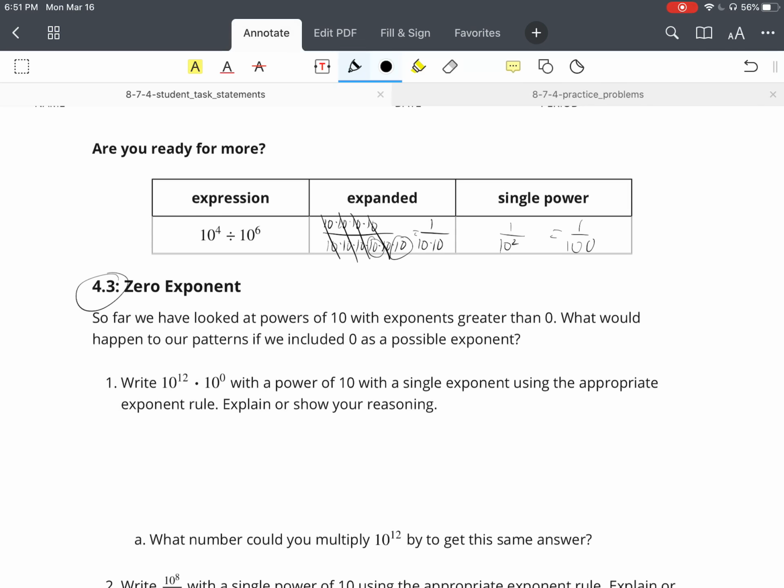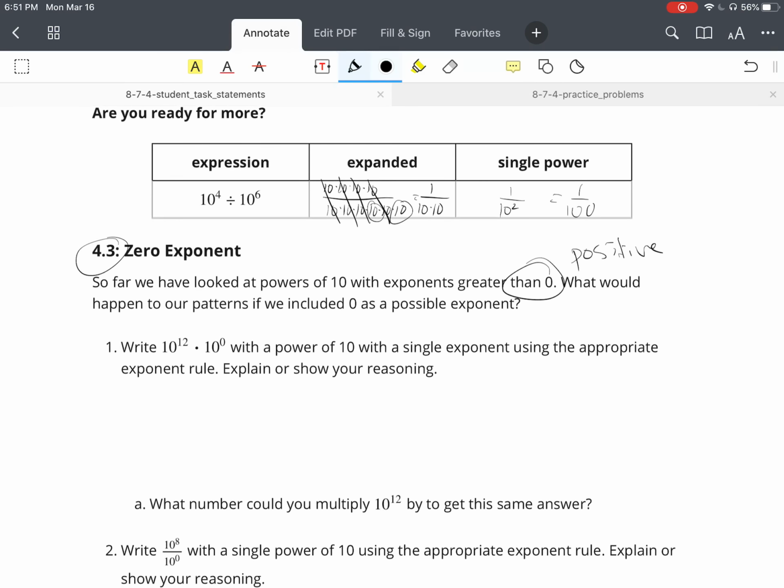4.3. So far we have looked at powers of 10 with exponents greater than 0. That means positive. What would happen to our patterns if we included 0 as a possible exponent? Write 10 to the 12 times 10 to the 0 as a power of 10 with a single exponent using the appropriate exponent rule.